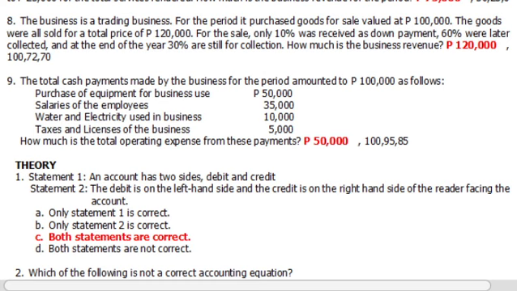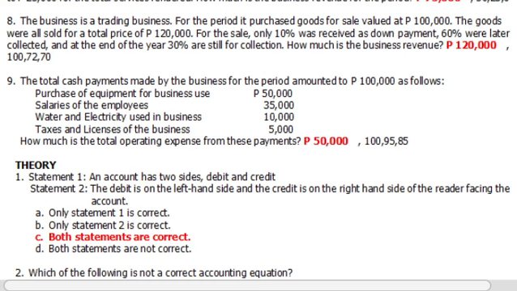Ito namang mga naka-percent na ito, pinakita niya lang kung paano na-collect yung 120,000. So, hindi natin yan gagamitin. So, dito na tayo diretso. Yung answer natin is 120,000 since ito yung sales price natin.